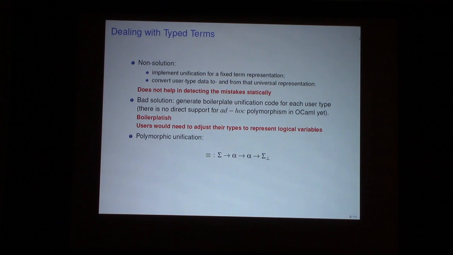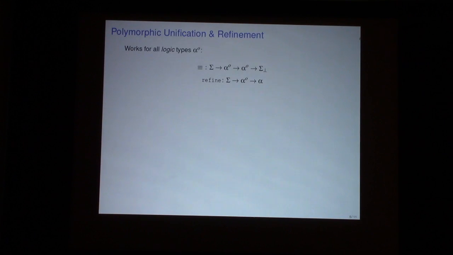The third approach is to implement really polymorphic unification, which deals with any pairs of terms of any type, but these terms should be of the same type. And we tried to do this, but there are some problems because it should be implemented in a typed manner. But it will be a very lightweight and good solution if we can prove that type safety will be preserved.